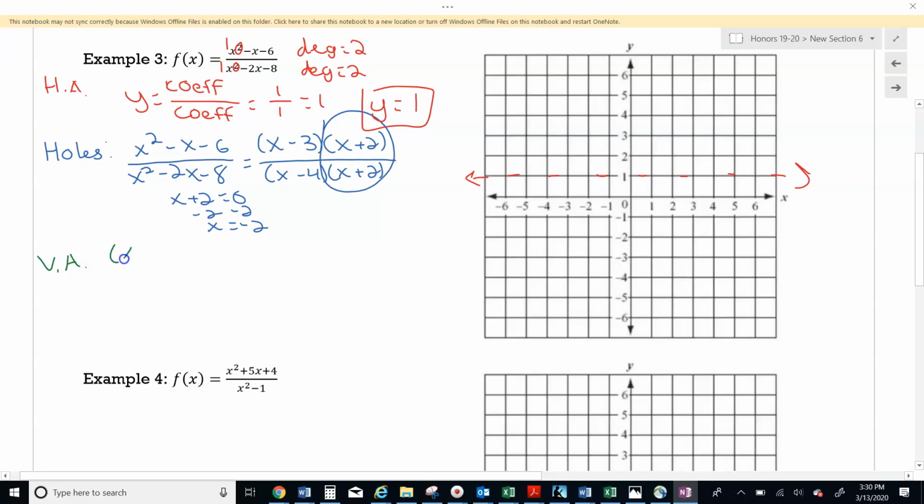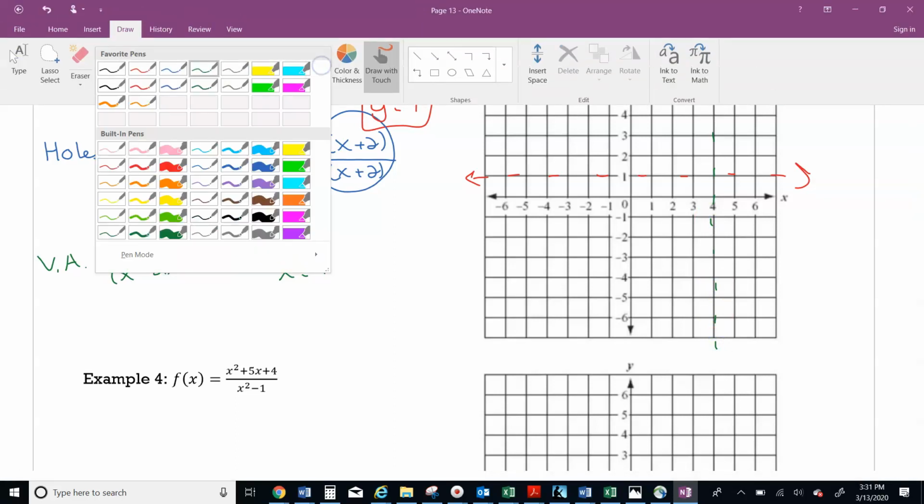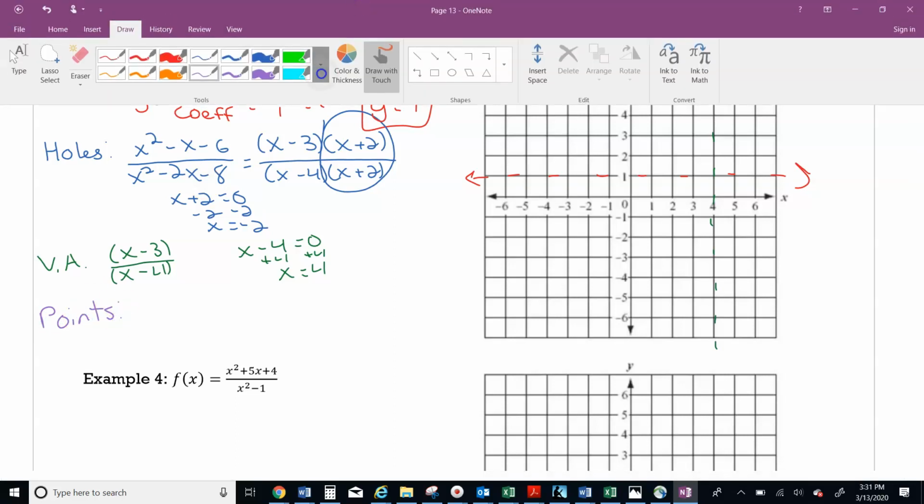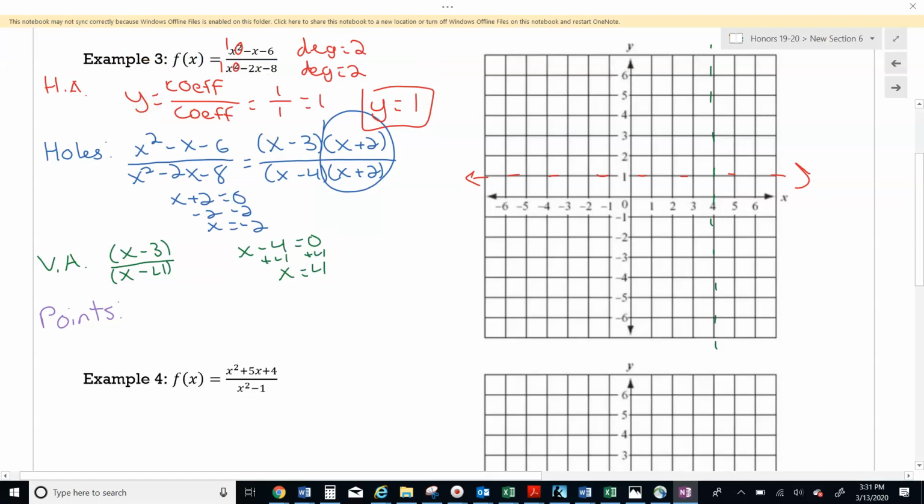Vertical asymptotes, I now have x minus 3 over x minus 4. I take my denominator, x minus 4 equals 0. Points. Well, one of my points, again, has to be the hole that I'm at.